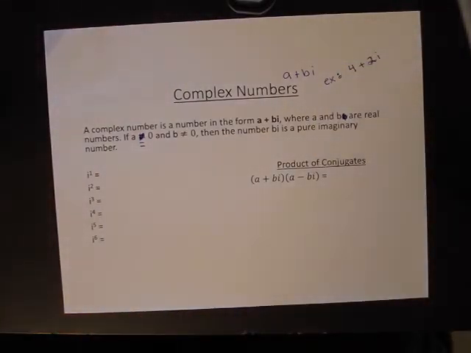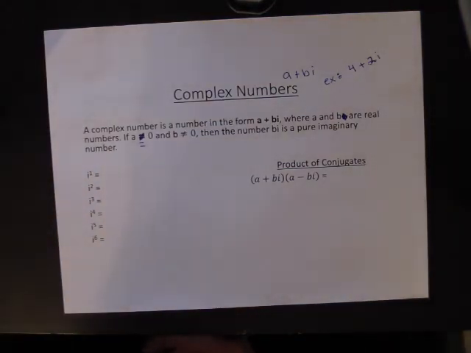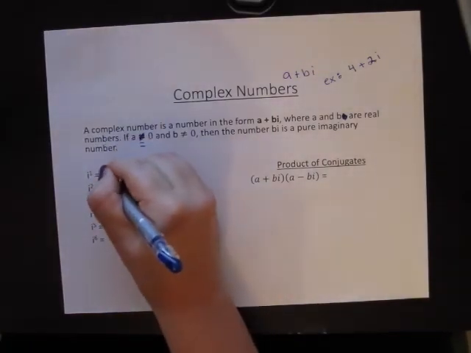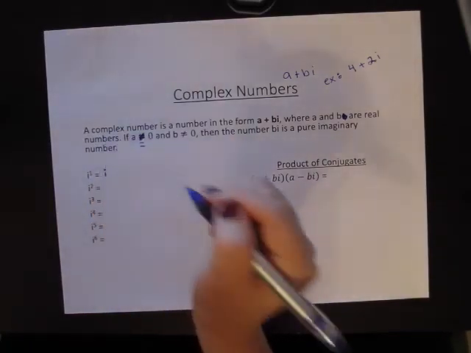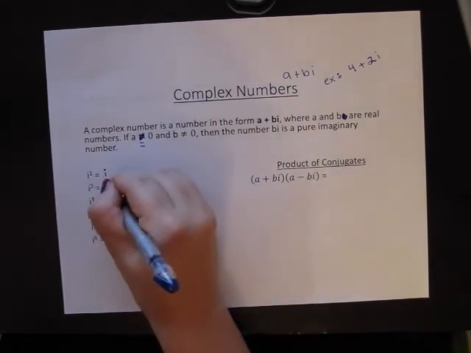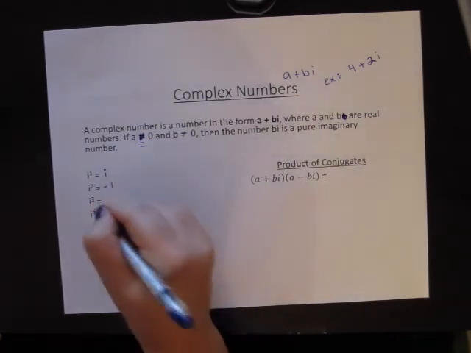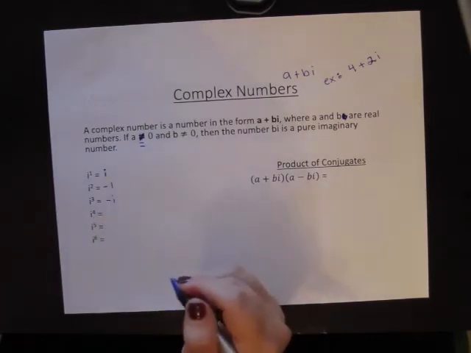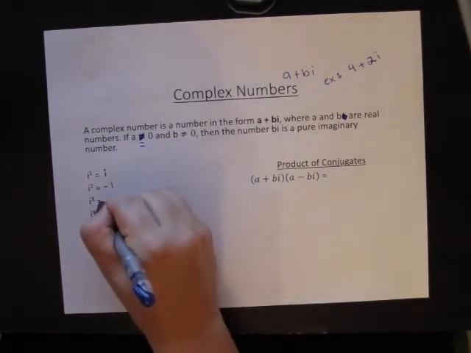The important part that you need to know about complex numbers is this right here. When you have an i raised to an exponent, if you have i to the first power, you're just going to get i, and it always follows a pattern. i to the second power is going to be negative 1. i to the third power is going to be negative i, and then i to the fourth power is going to be a positive 1.